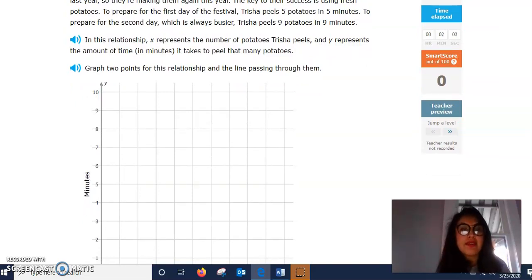To prepare for the second day, which is always busier, Trisha peels 9 potatoes in 9 minutes. In this relationship, X represents the number of potatoes Trisha peels, and Y represents the amount of time in minutes it takes to peel that many potatoes. Graph the 2 points for this relationship and the line passing through them.